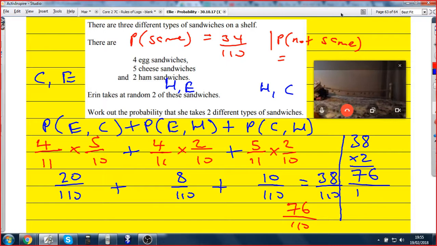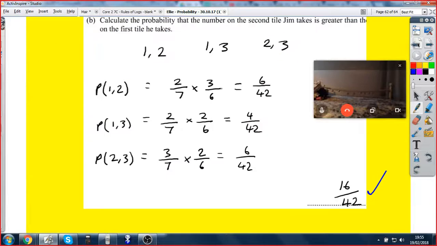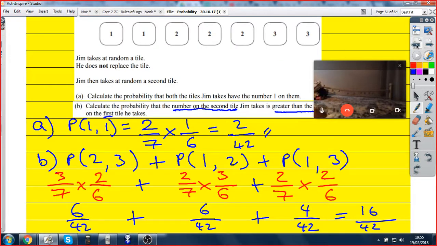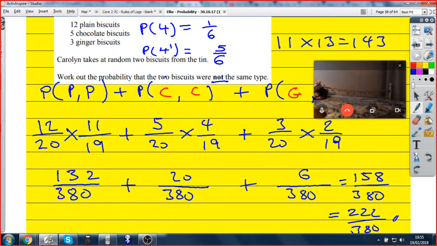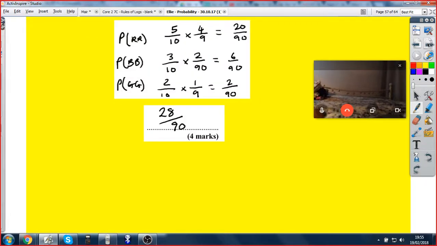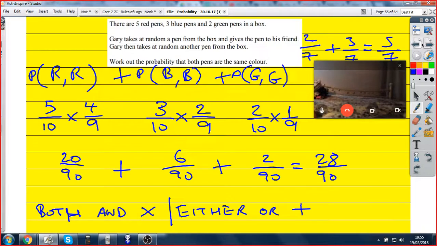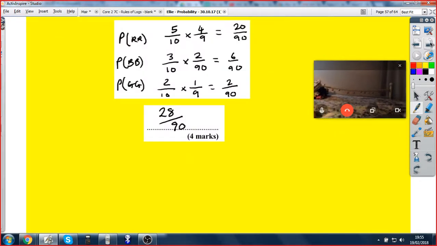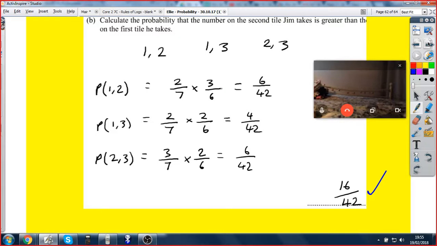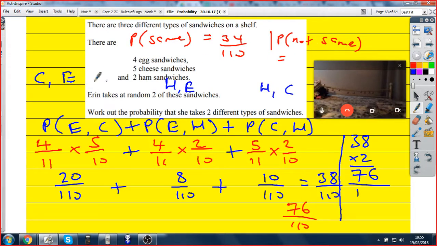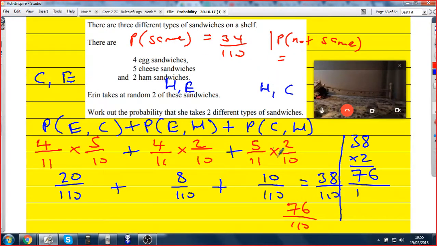So you've basically got two choices. This one you were good for because there's just one thing, and this one you're good for when they're the same color. If they're not the same, you can either find the probability of half of them and then double it, or you can find the probability that they are the same and then do 1 minus, and either way you will get the correct answer.